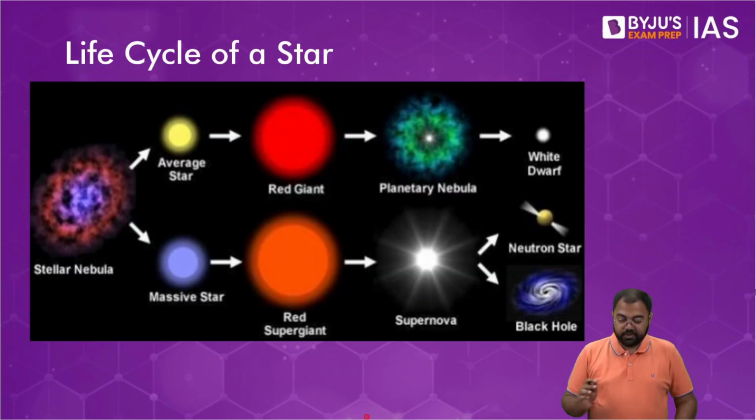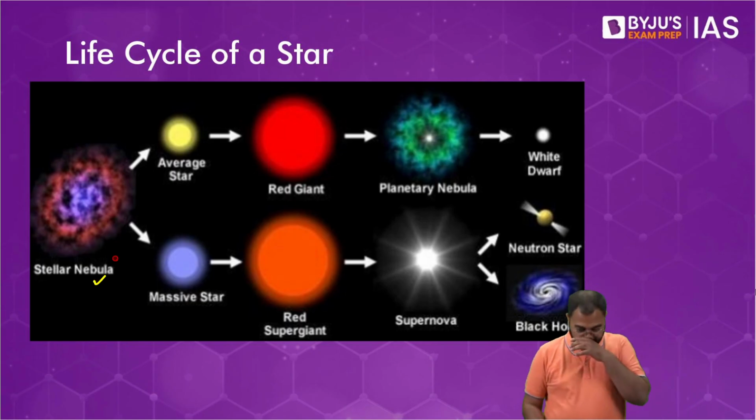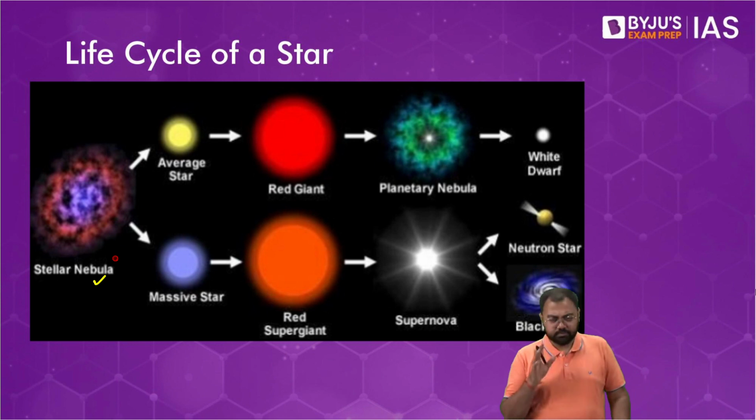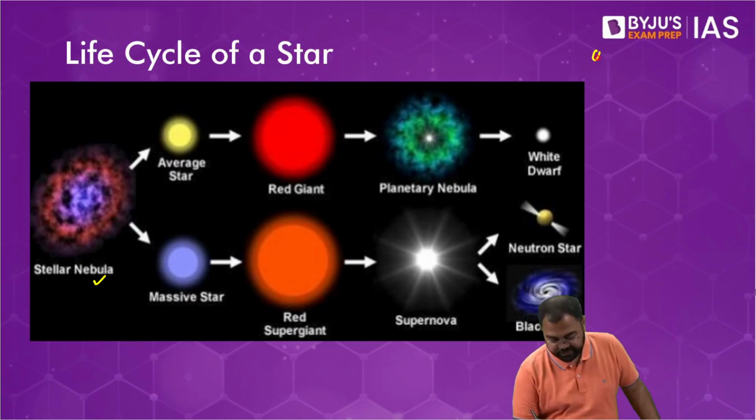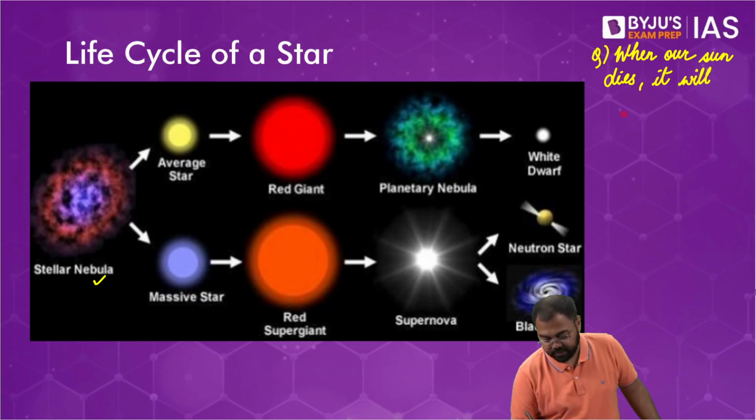Now, after the formation of the star, so from a nebula, formation of a star has happened. Now let me ask you a question. I'm sure that you've heard about the term black hole. So let's say my question is, when our sun dies, let's say UPSC has given you this statement: it will convert into a black hole.